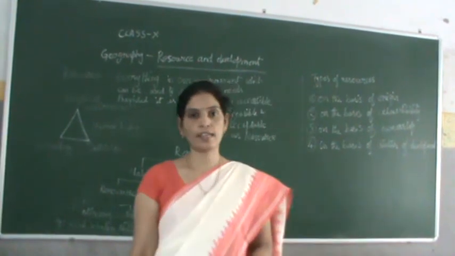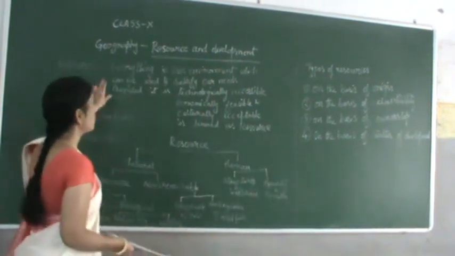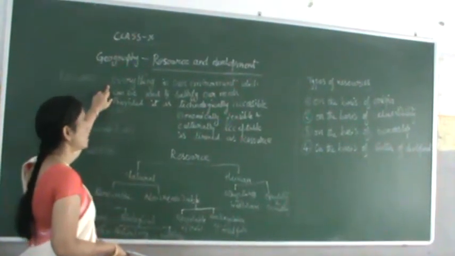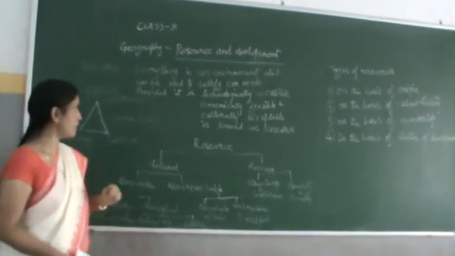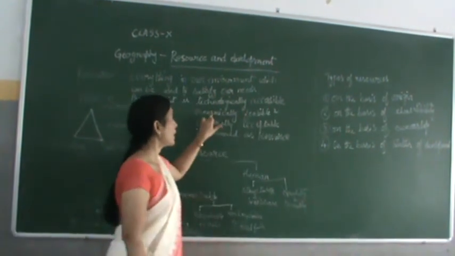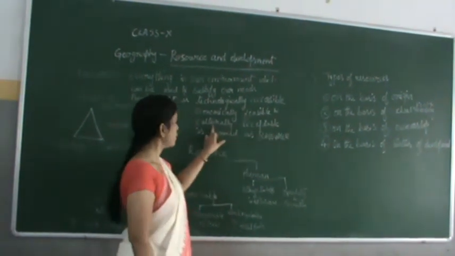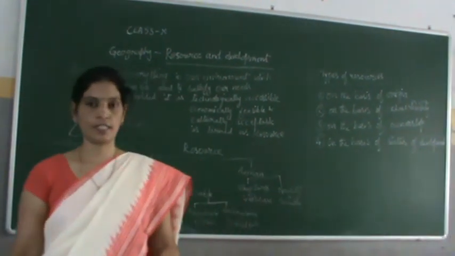So what is the exact definition for resource? Everything in our environment which can be used to satisfy our need, provided they are technologically accessible, economically feasible, culturally acceptable, are termed as resources.